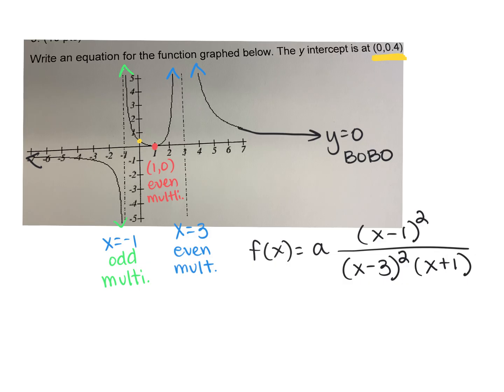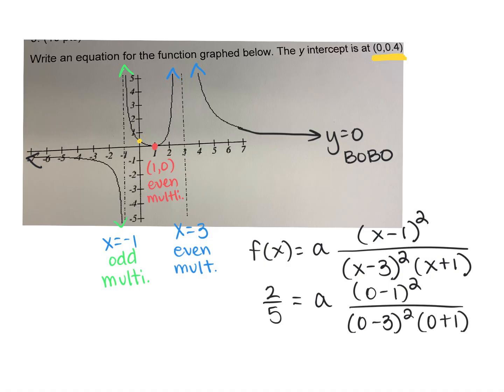So the last thing I need to do is use my ordered pair point that they gave me. I'm going to change that into 2/5 just because I prefer to work with the fractions. If you want to work with the decimals, you can do that as well. So I've got 0 minus 1 quantity squared. Do not forget your squareds, because those are going to cause problems if you do, because we have a second one there and then we don't have one over here.